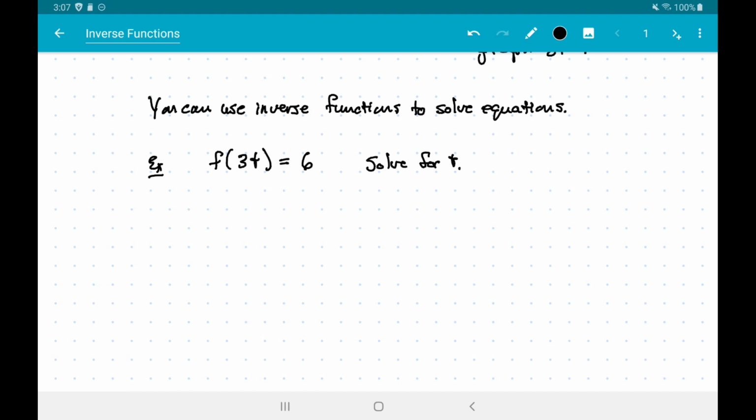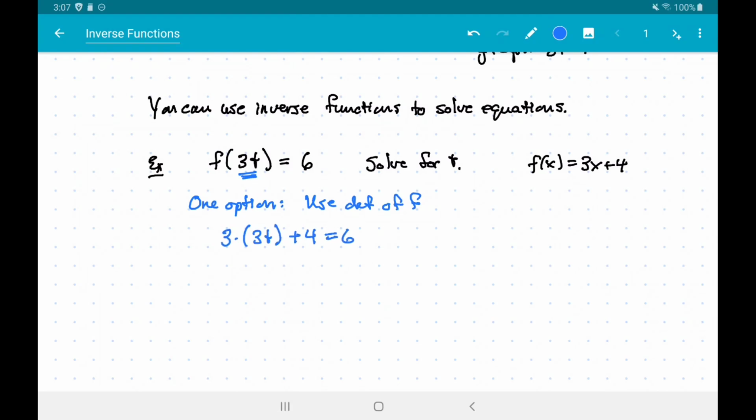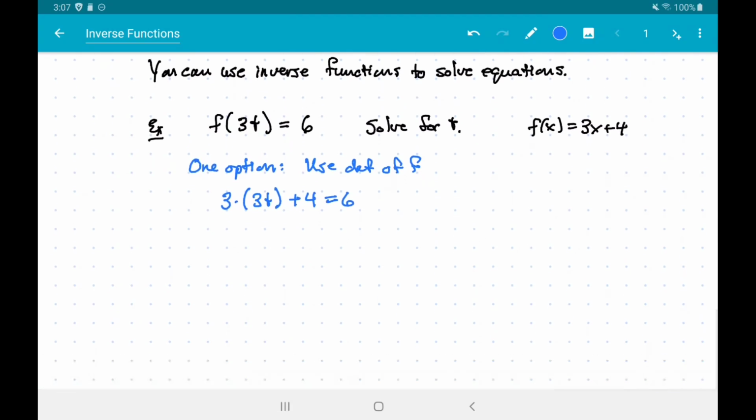I have the same f in mind that I was using before. So this is still f of x equals 3x plus 4. Well, one option, which I'll do first, is to use the definition of f. So f of the number 3t is 3 times the number 3t plus 4 equal to 6. And we can solve this way.